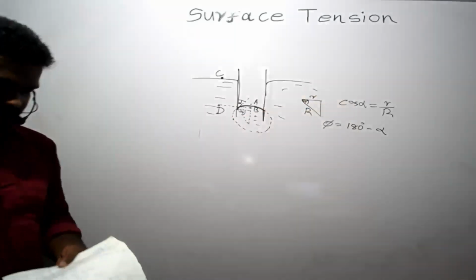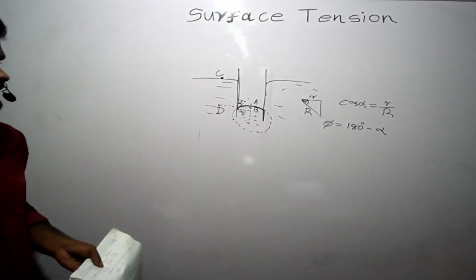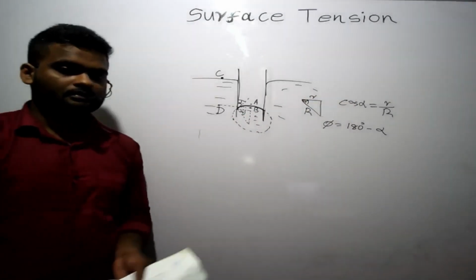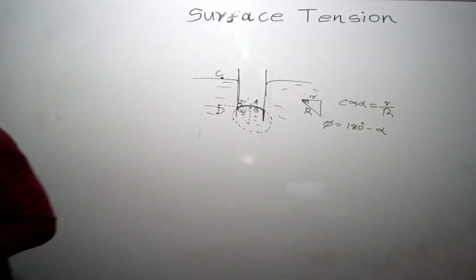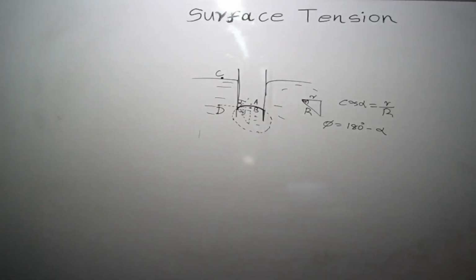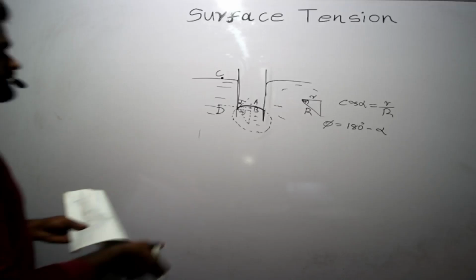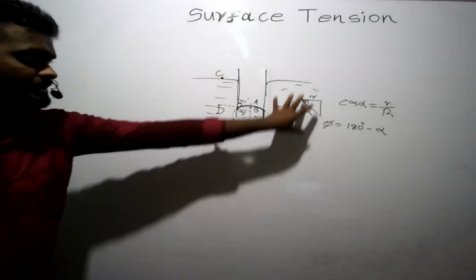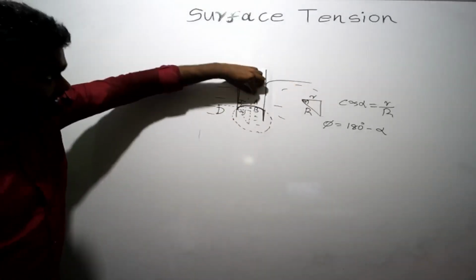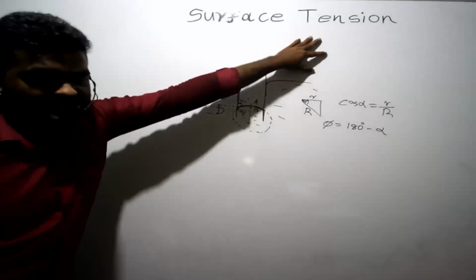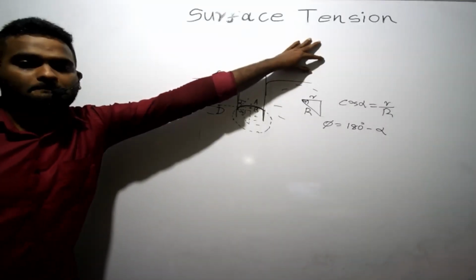Okay. Draw that and give a thumbs up if you understand the image first, right? Around it, it is the liquid. Here, that is air, atmosphere.